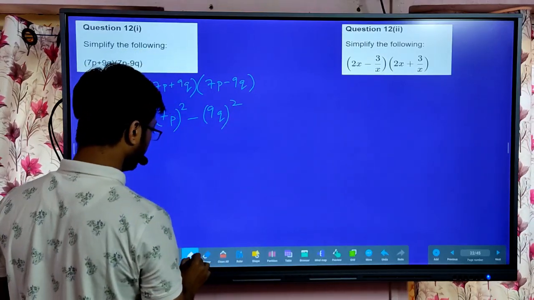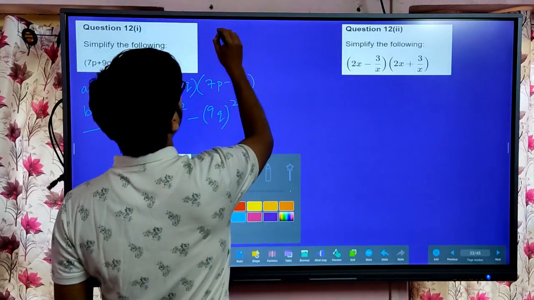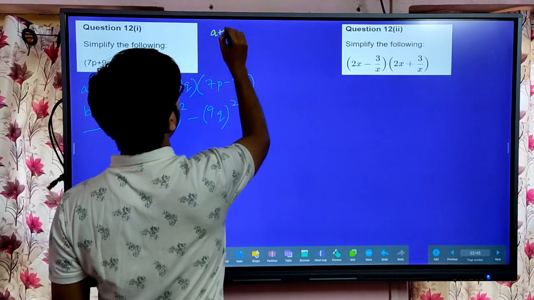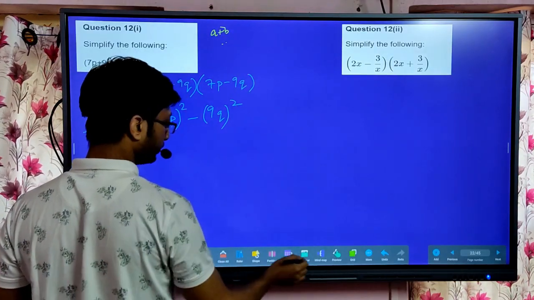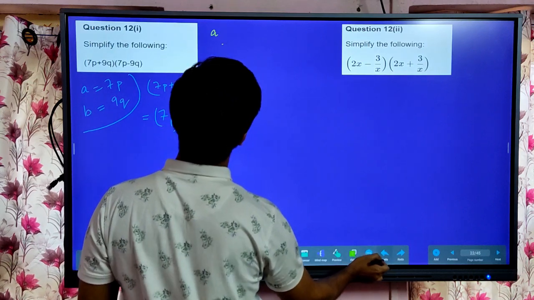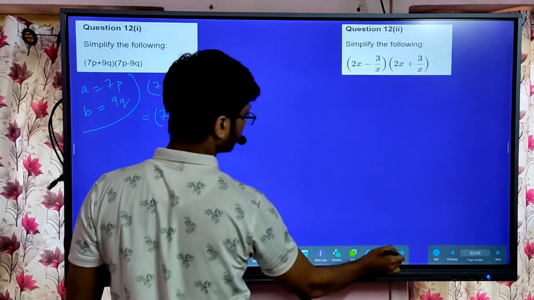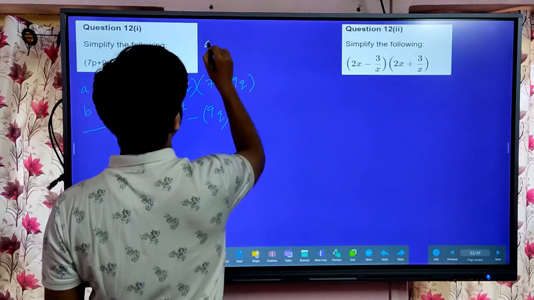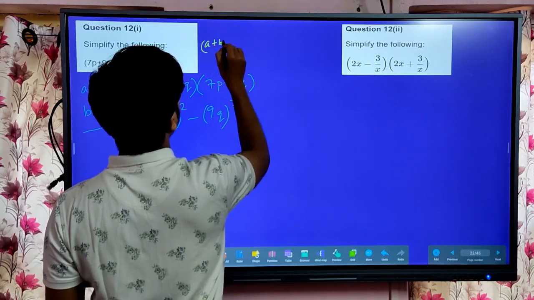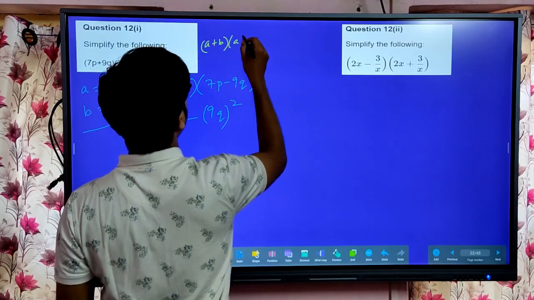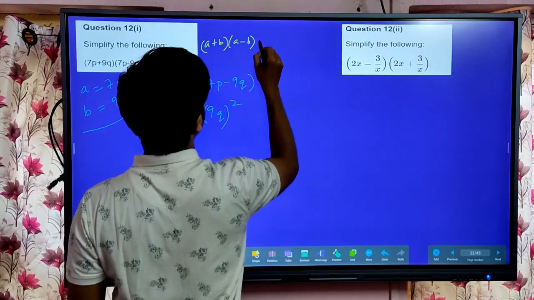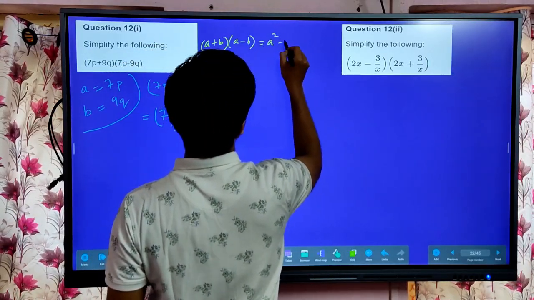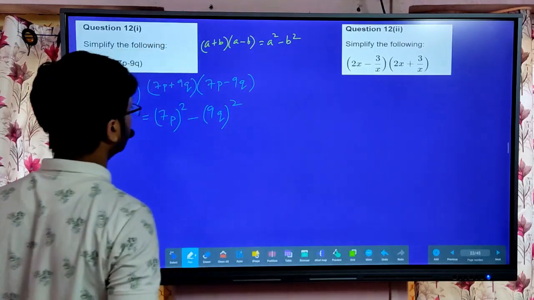So which formula am I using in this page? That is a plus b into a minus b, it will be a square minus b square.